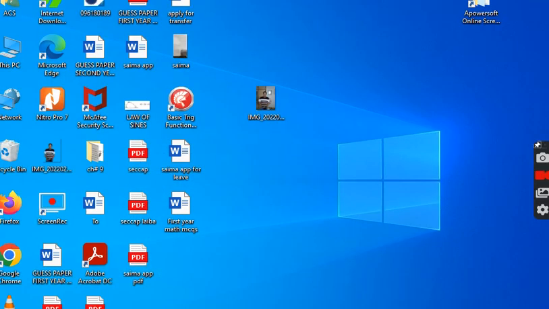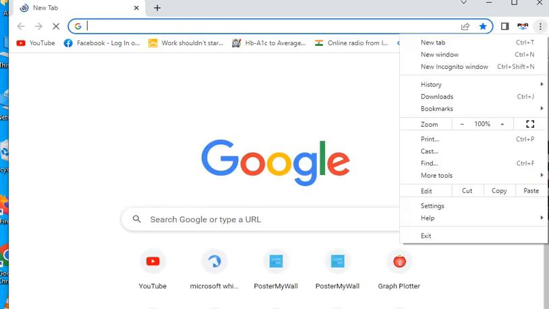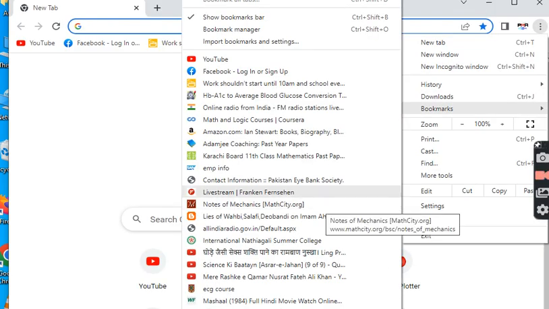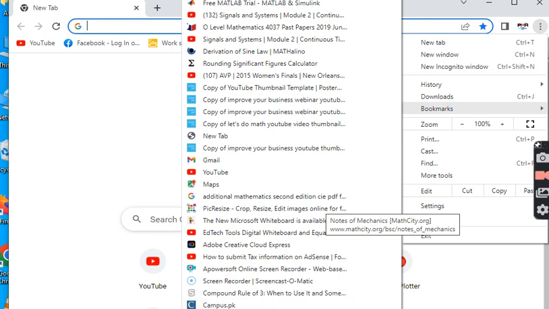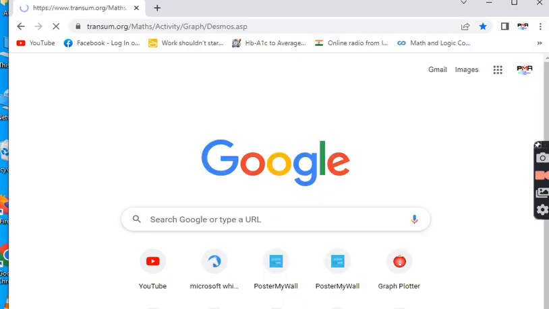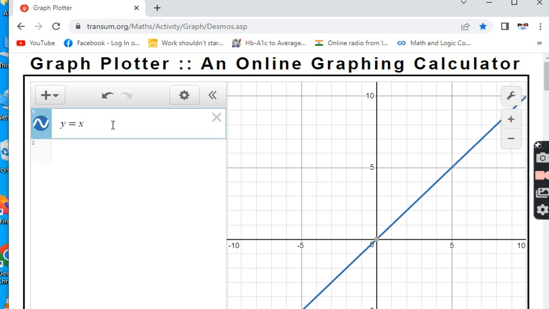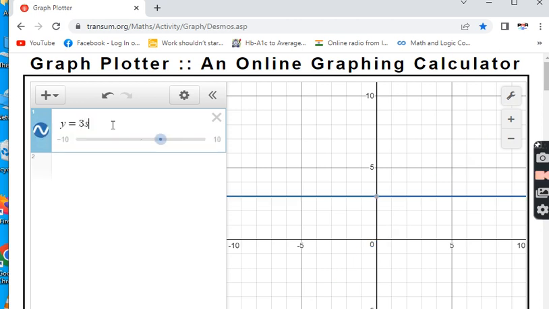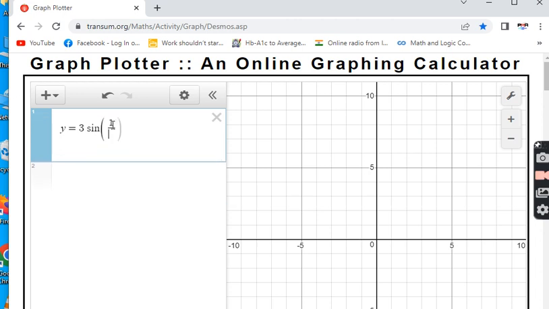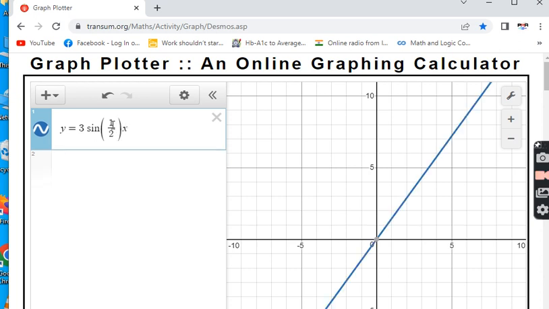Kindly wait. What is the equation? 3 sine 1 divided by 2 x.